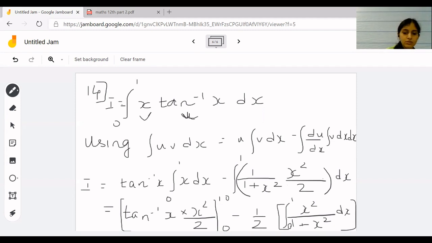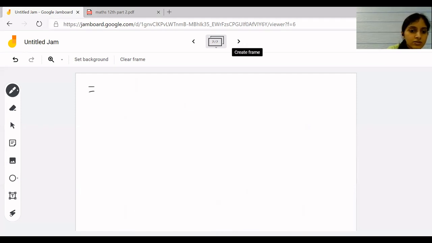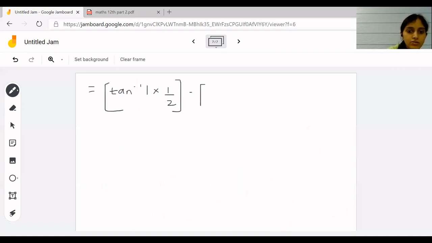That will be tan inverse of 1, that is pi by 4, and 1 upon 2, minus, it will be 0 because higher limit is 1, lower limit is 0. So that is tan inverse of 1 into 1 upon 2, this is your higher limit, minus lower limit, that is tan inverse of 0 into 0. So this entire term becomes 0.